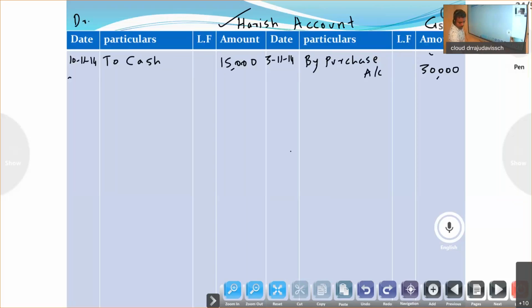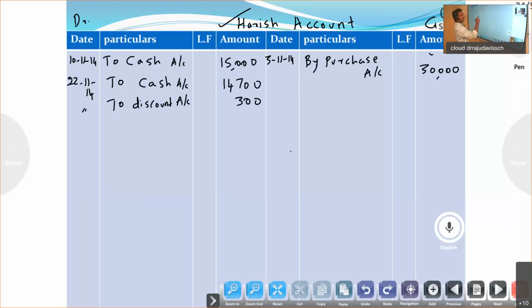Okay, so 22, 11, 14, to cash account 14,700, same date, to discount account 300. Over.